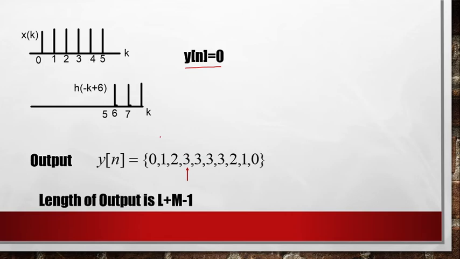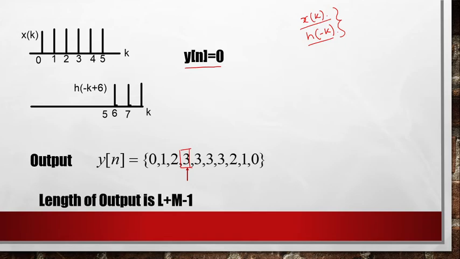If I show you that slide, you will find this 3 is coming when I am interacting x[k] with h[-k]. Both of them are in original position, only folded, and no shifting has taken place. So this result will give you the 0th instant.